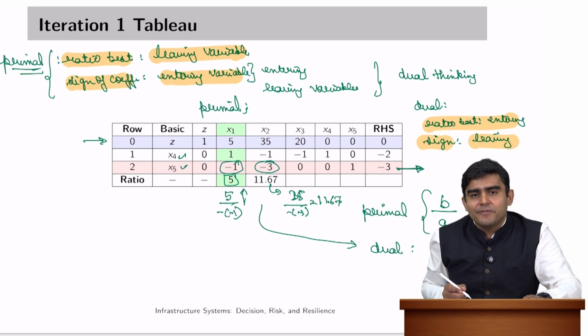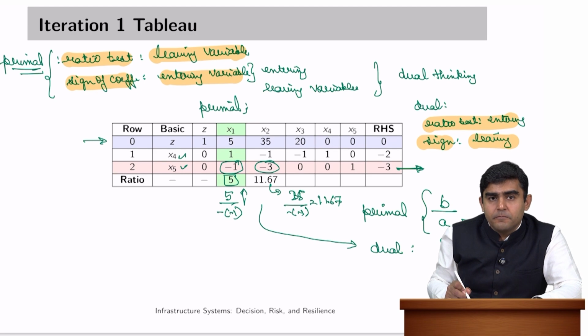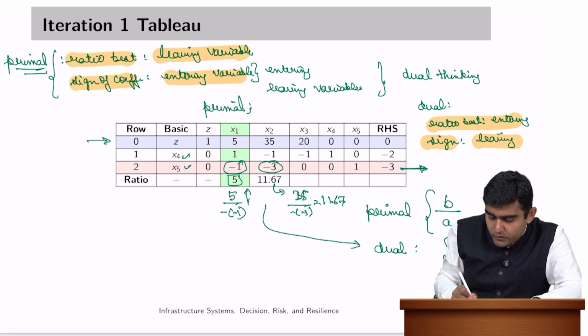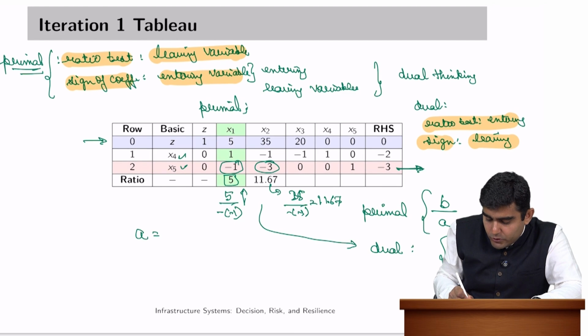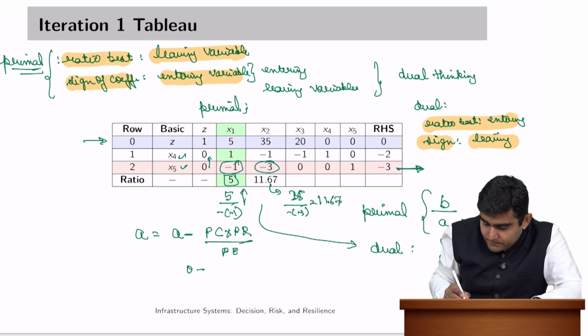and we do the pivoting operation exactly the same as we did earlier. If you quickly recall, anything outside the pivoting row and pivoting column was updated as A is equal to A minus pivot column times pivot row divided by pivot element. So this 0 was 0 minus 0 into 1 divided by minus 1.